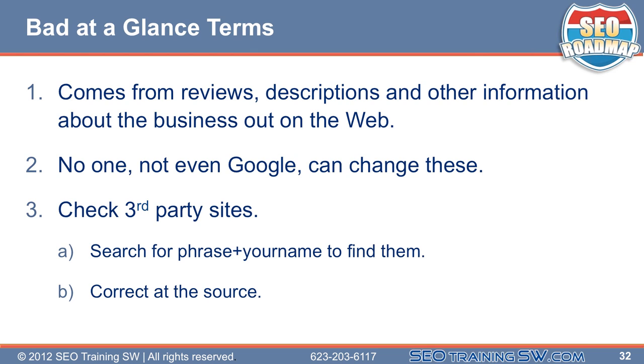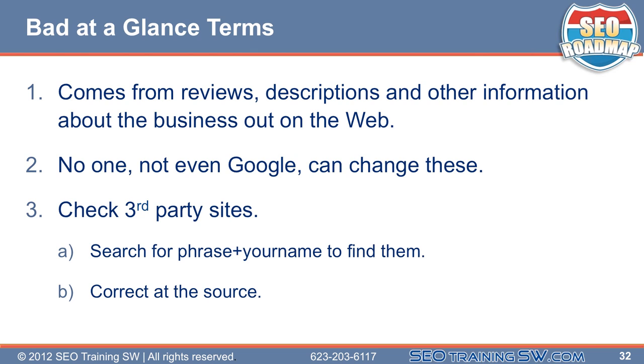Let's say you have an auto body shop and you're showing up for landscape rock. It might be that a reviewer said, hey, I own a landscape company and I got my landscape truck fixed, because I have to deliver landscape rock all day long, and they did a great job. That review could give you some bad search terms.